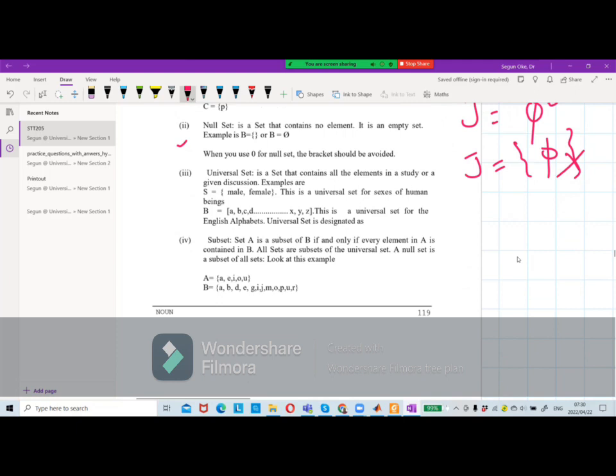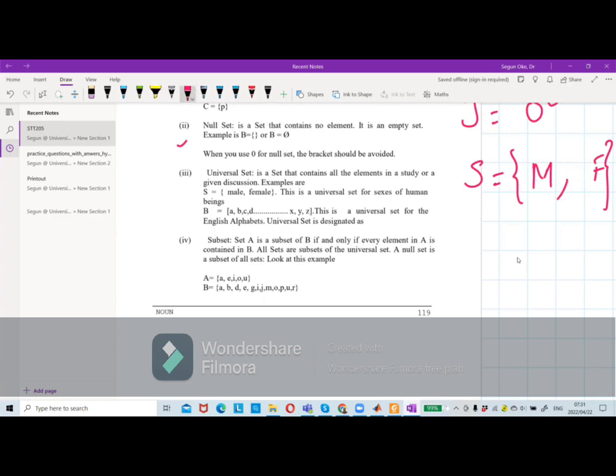Now, when we're talking about universal sets, a universal set contains all the elements in a study or in a given discussion. For example, when we are talking about gender, or the sex of human, we know the sex of human can be S equals male, female.